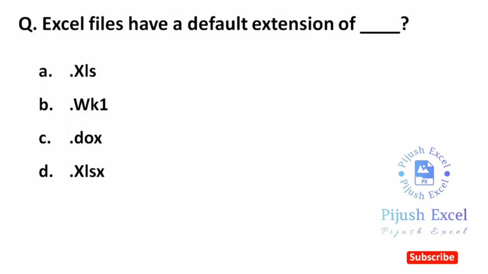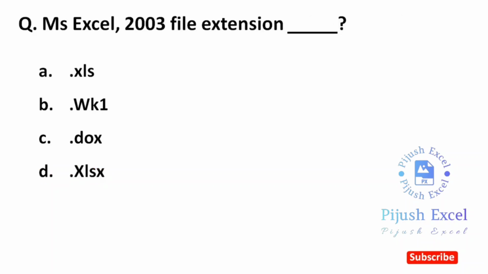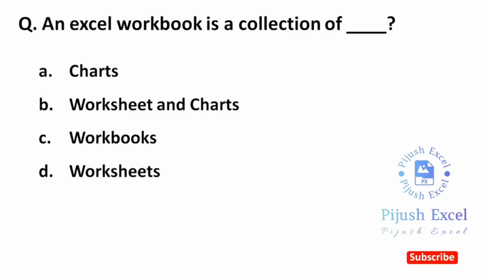Next question, Excel files have a default extension of dash. Right answer option D. Next question, MS Excel 2003 file extension dash. Right answer option A. Next question, an Excel workbook is a collection of dash.